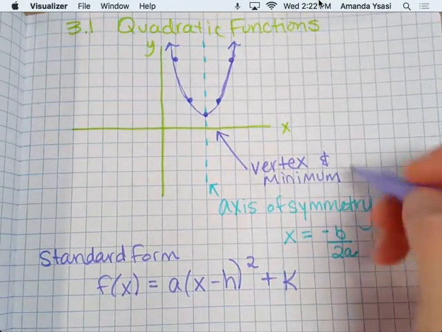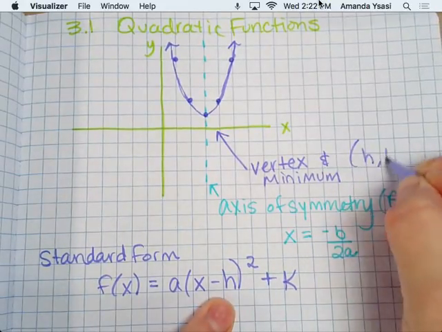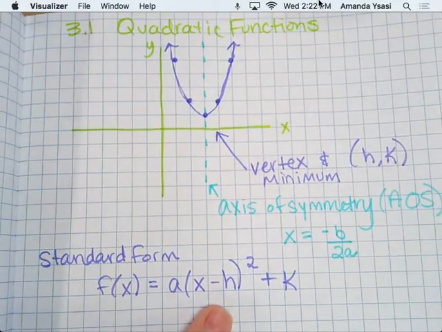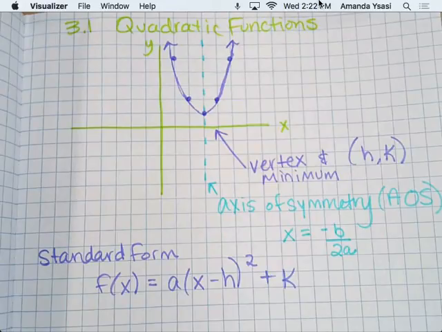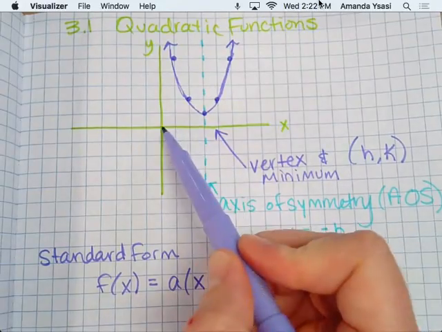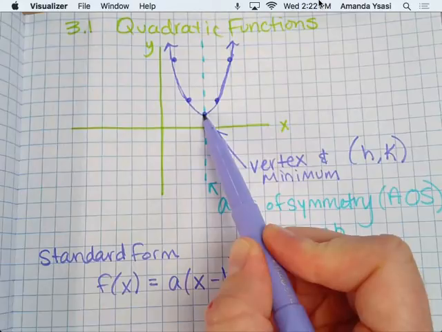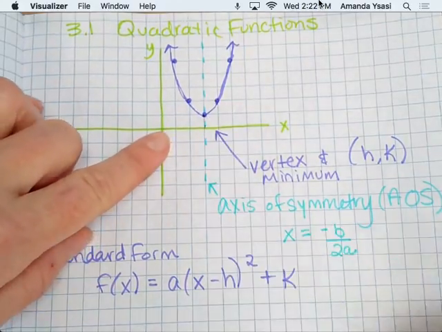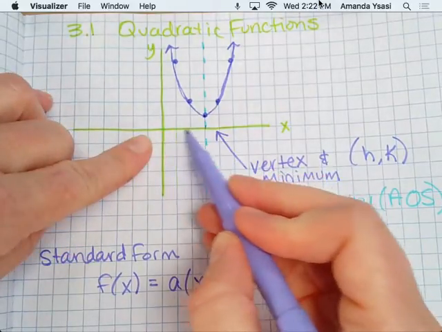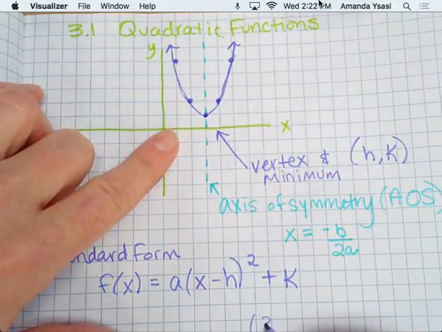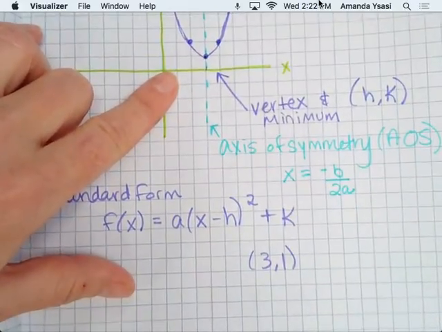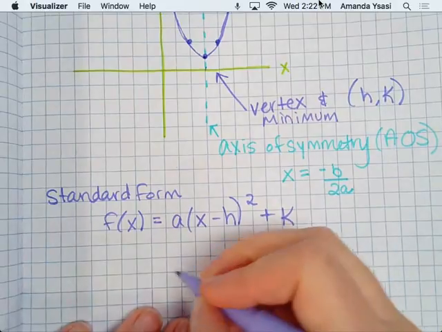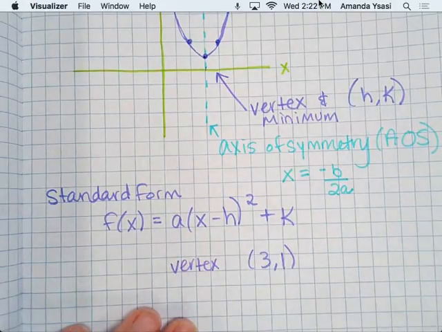And the vertex is actually h, k. So we would go over h, up k. That's where that is, over h. So in this case, our vertex for this example would be 3, 1. This is our vertex and our minimum.